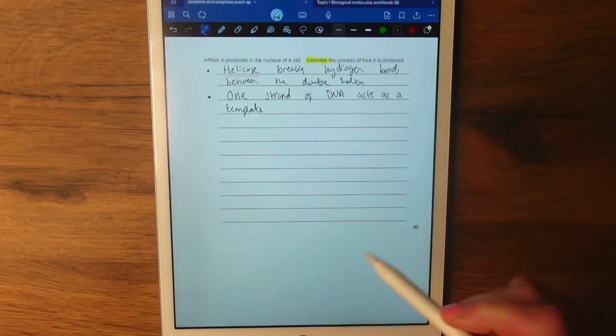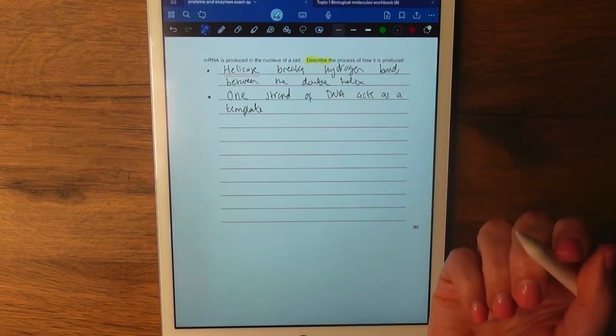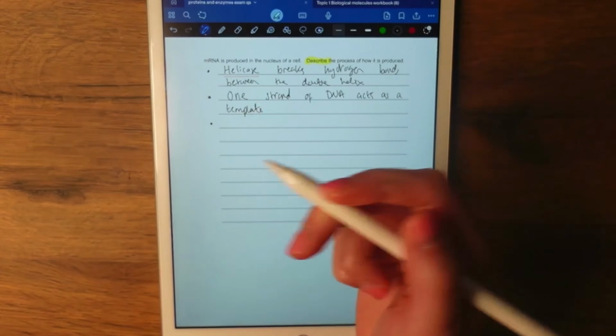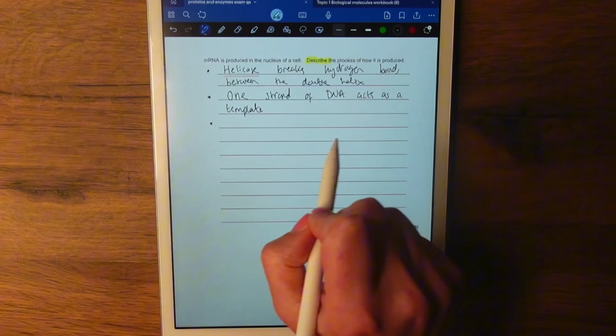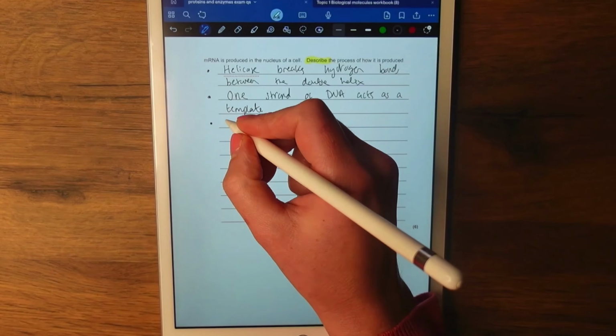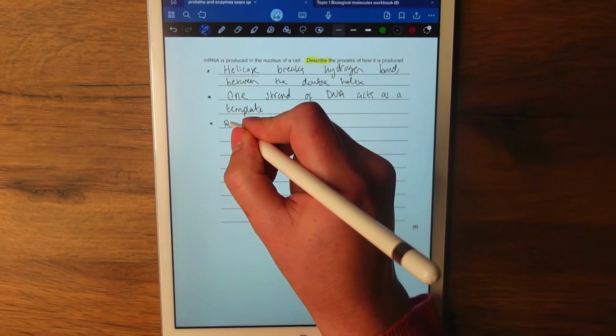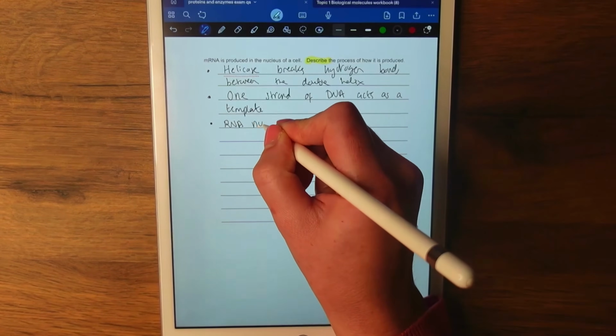And that's a template for the copy of mRNA, the mRNA copy. So now we've got 1 strand as a template. We'll have RNA nucleotides in the nucleus.